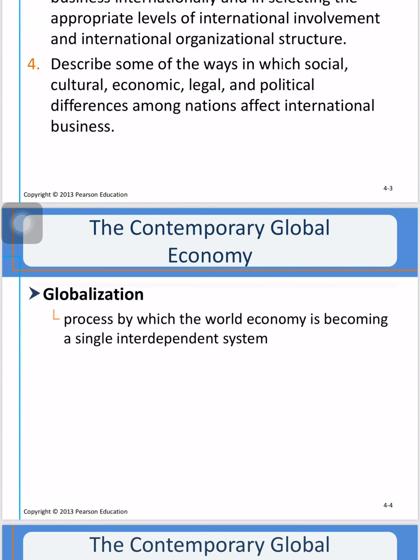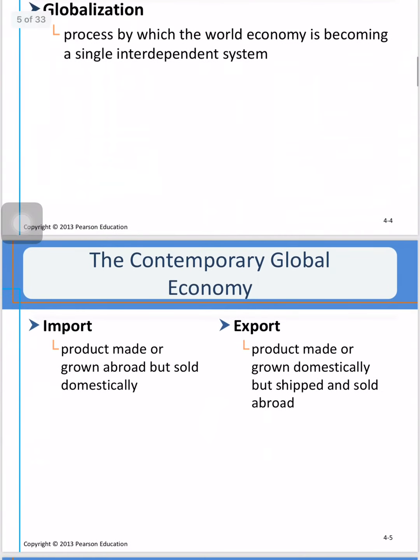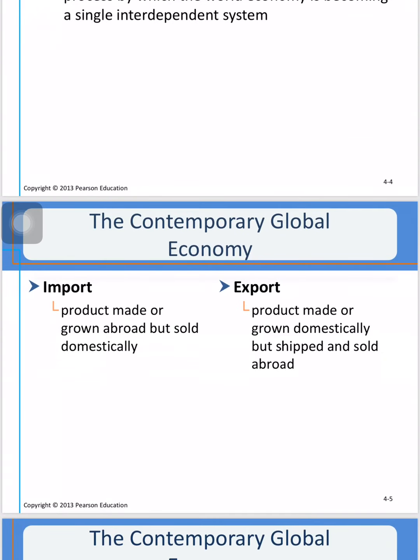Next slide is about import and export. As stated in your slide, an import is a product made or grown abroad but sold domestically. However, an export is a product made or grown domestically but shipped and sold abroad.